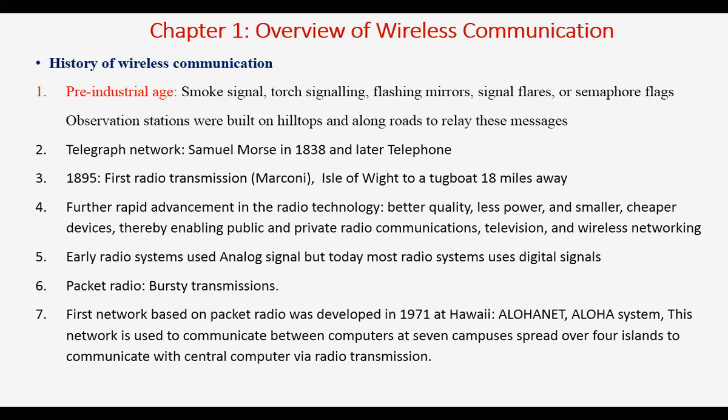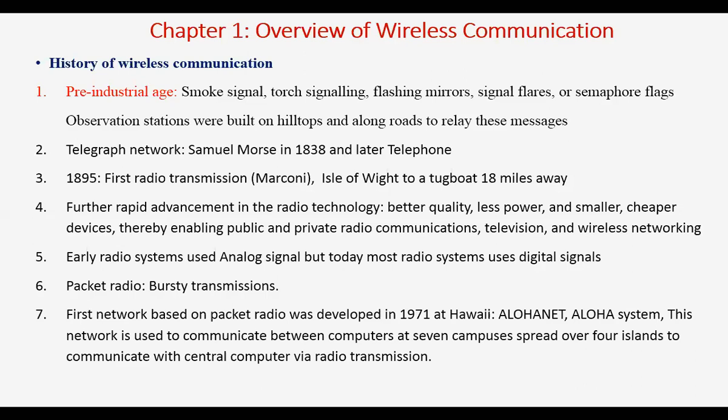You know the name of Morse. The telegraph network was established in 1838, and later the telephone network was discovered. Then in 1895, the first radio transmission, by Marconi. You should know this name, a very important scientist and inventor who developed the first radio transmission, about 18 miles away.